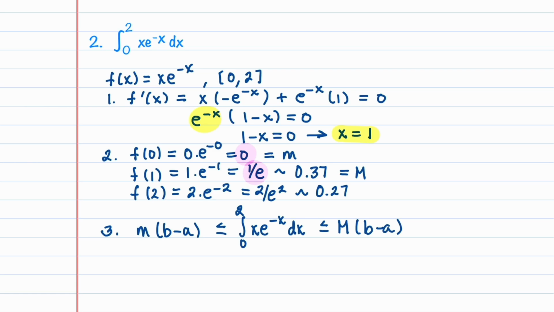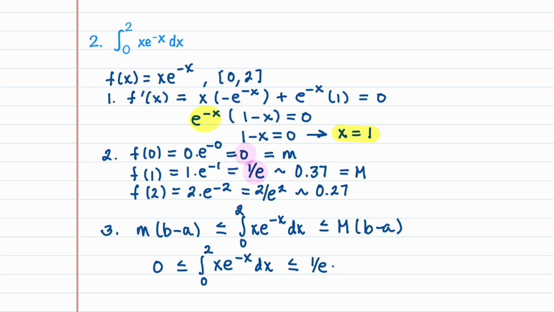Little m is equal to 0, so we have 0 on the left-hand side, less than or equal to the integral from 0 to 2, xe to the minus x dx, less than or equal to capital M, which is 1 over e, I'm putting in the exact value there, times b minus a, which is 2 minus 0.